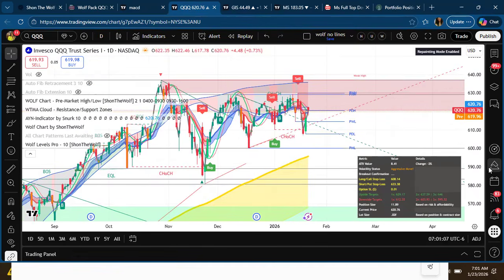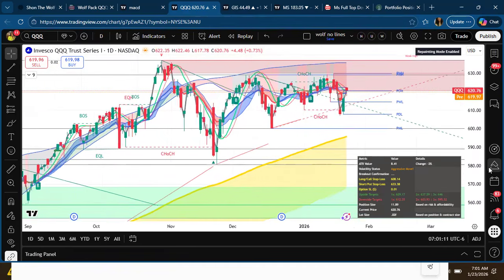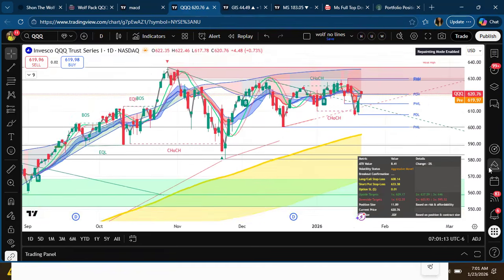We'll give it a fresh chart. And I don't like to have the AYN on when I do that. So I'm going to give Black Wolf the 1 day chart.